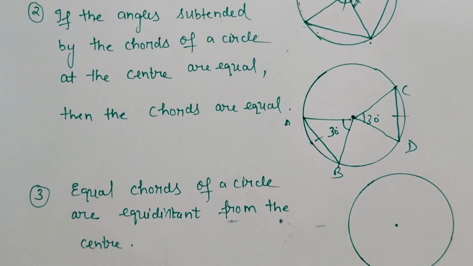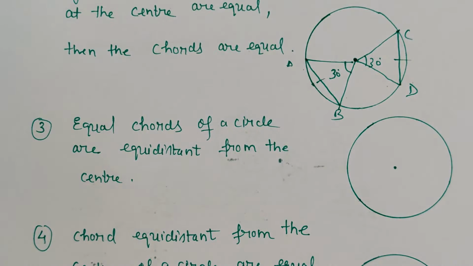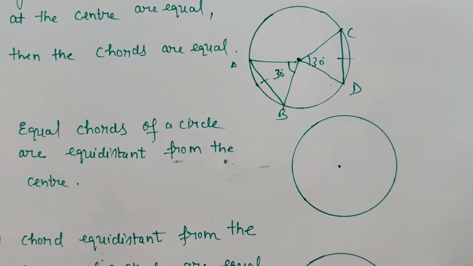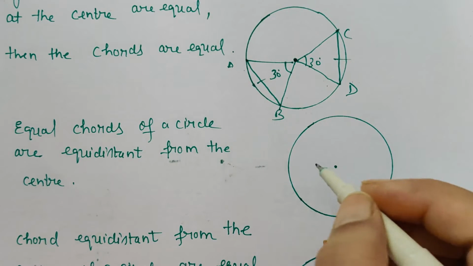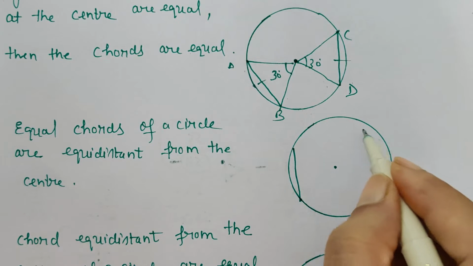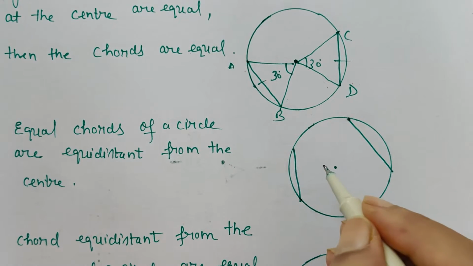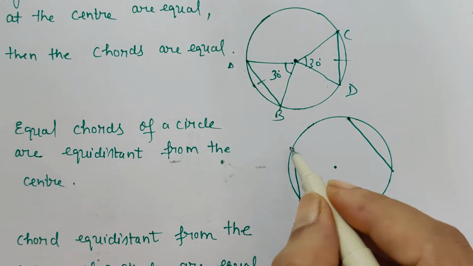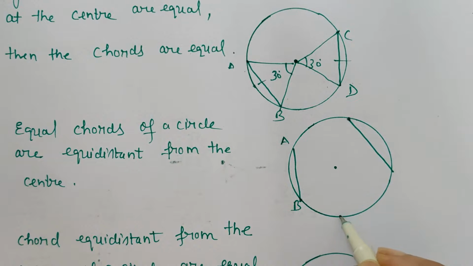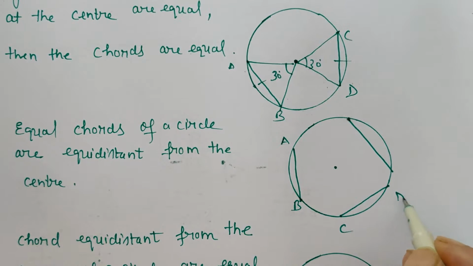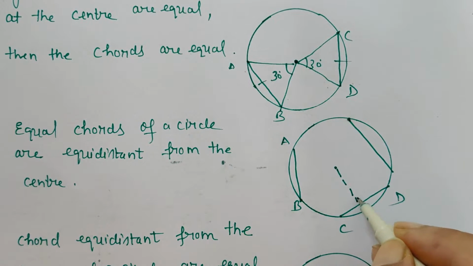Now the next theorem: equal chords of a circle are equidistant from the center. Not just that the angles will be equal for equal length chords, but also if we have any random chord anywhere in this circle, suppose this is AB, and let us consider another chord CD, their length is the same, for example, then their distance from the center will also be equal.